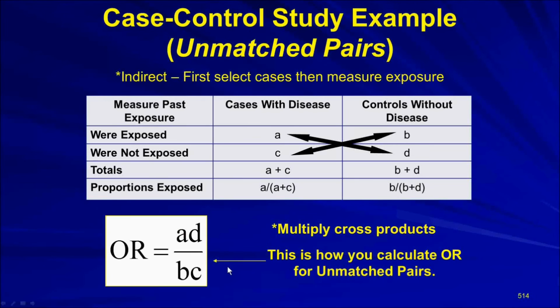Note that the proportion of exposed in the lower left corner is really focusing indirectly on attributable risk. But normally you don't see it, normally you don't calculate it, you only calculate one value for a case control study of unmatched pairs.